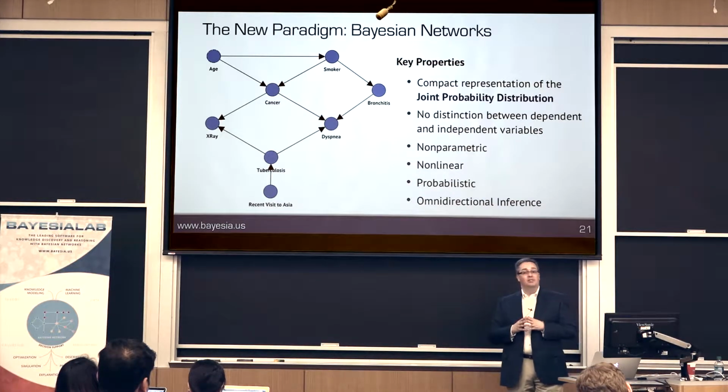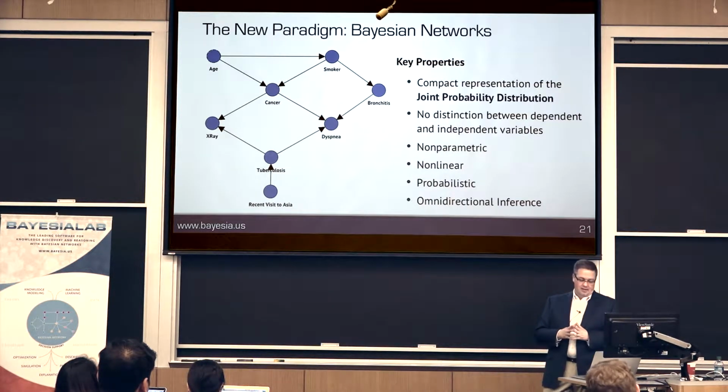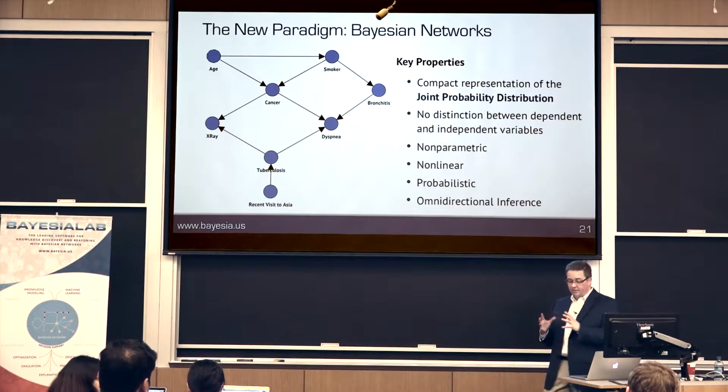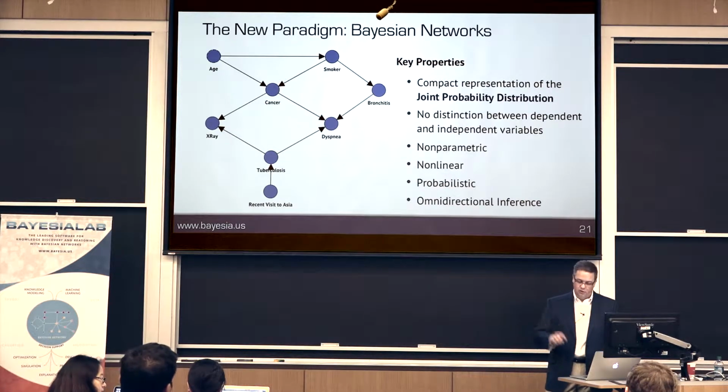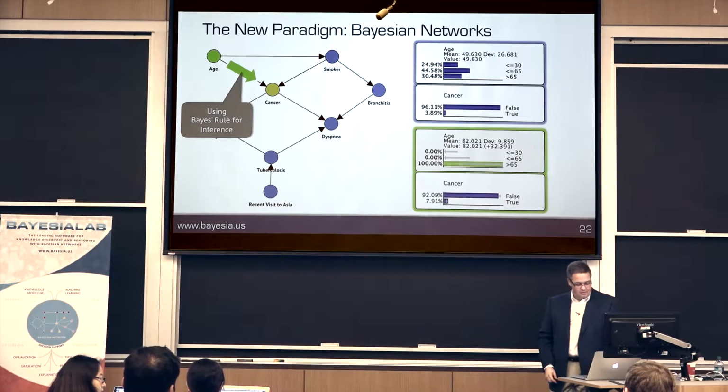They can represent nonlinear relationships, which is very important. They're probabilistic. And one special topic that I'll get to in a second is that we can perform omnidirectional inference with a Bayesian network. And I'll show you now what this means.